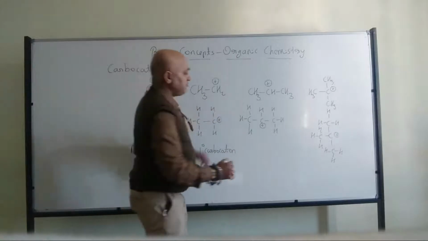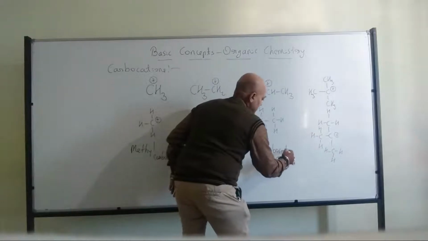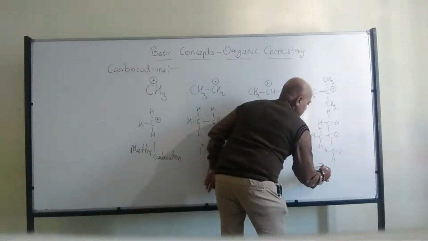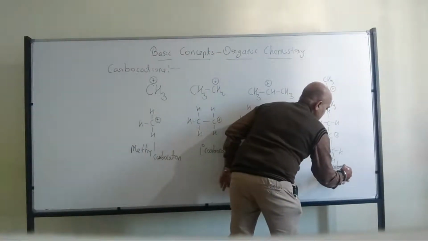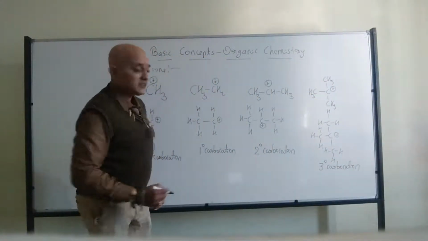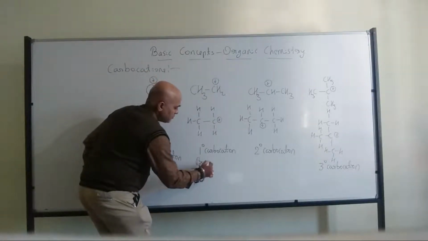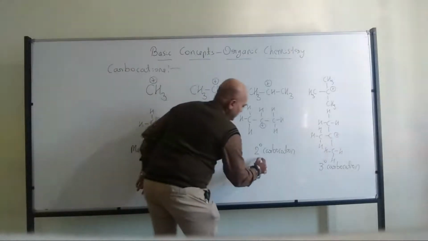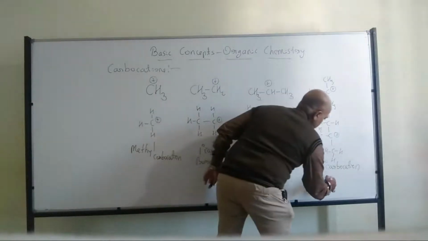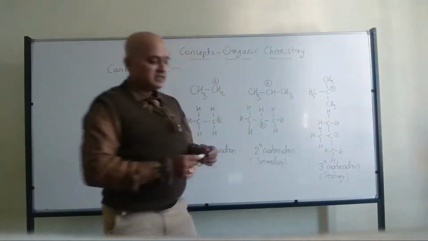And this one will be called secondary carbocation, and the last one will be called tertiary carbocation. This symbol is acceptable. So primary, secondary, and the last one is tertiary.